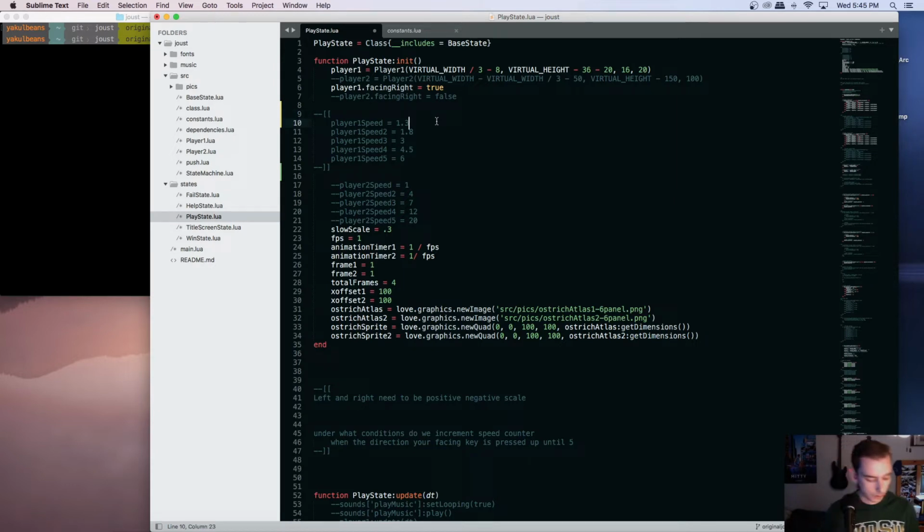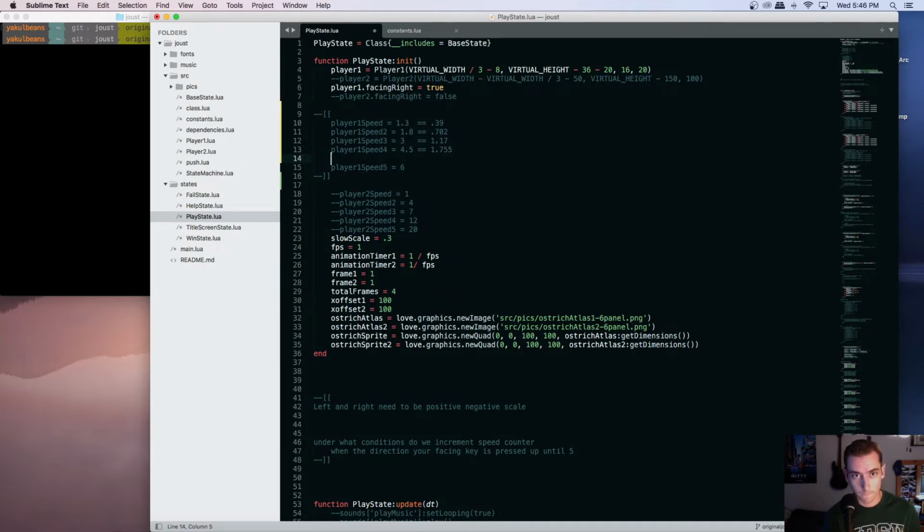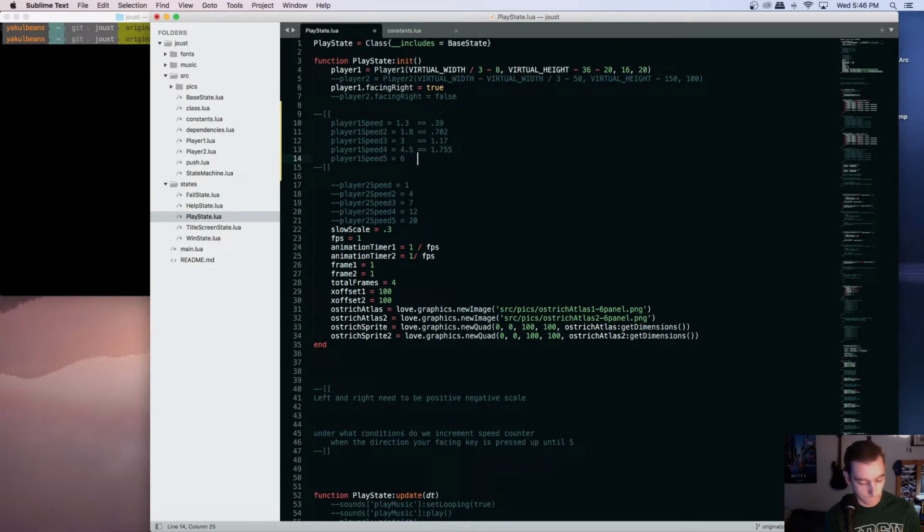I'm going to write what these numbers ended up being, which is 0.39, and then 0.702, and then 1.17, and then 1.755, and 2.34 max speed.